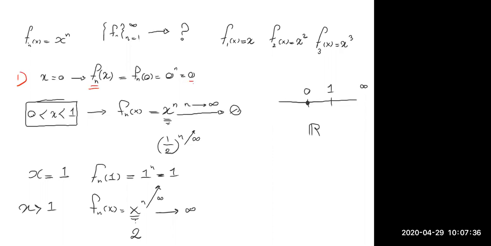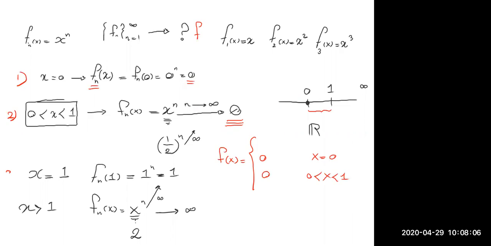If you look at the points where x is between 0 and 1, the function again converges to the constant function 0. So if you define the limit f of x, if x is 0, it's going to be 0. If x is between 0 and 1, it's again going to be 0.